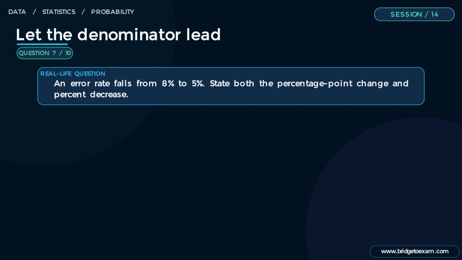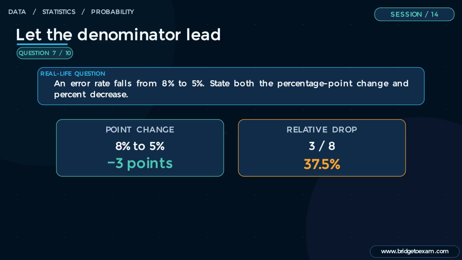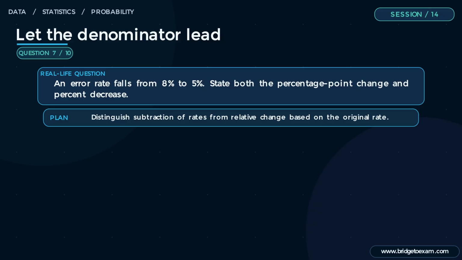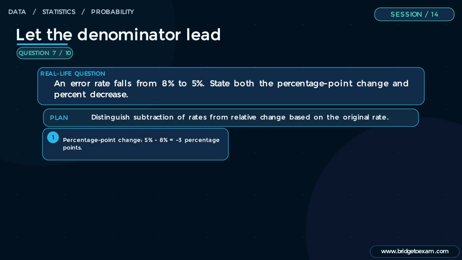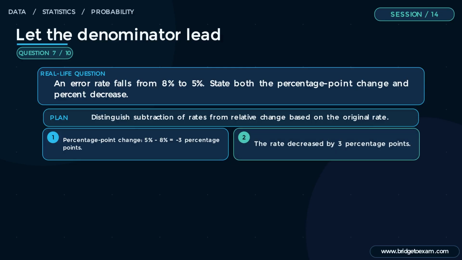Example 7. An error rate falls from 8% to 5%. State both the percentage point change and percent decrease. The comparison places both cases on the same scale. Plan. Distinguish subtraction of rates from relative change based on the original rate. Step 1. Percentage point change. 5% minus 8% equals minus 3 percentage points. Step 2. The rate decreased by 3 percentage points. Step 3.